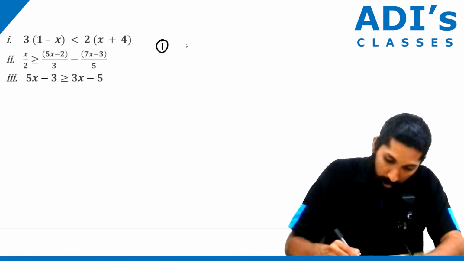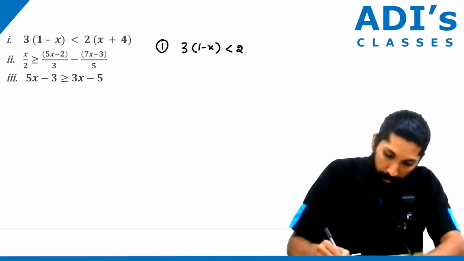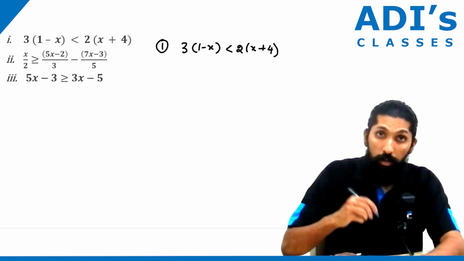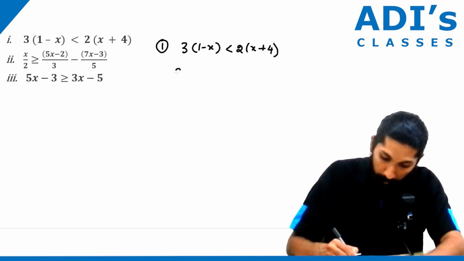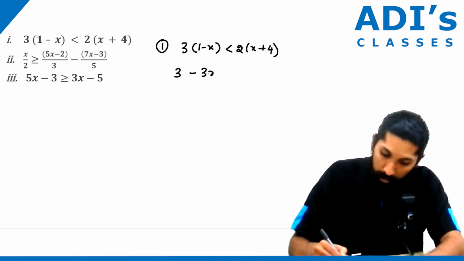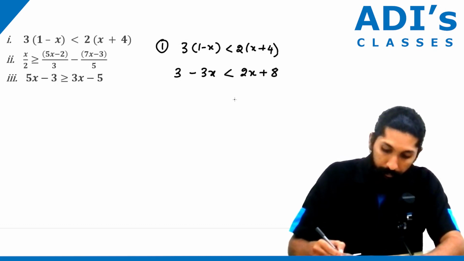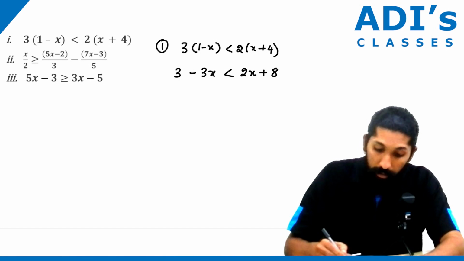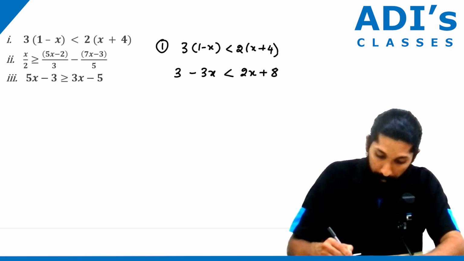The question is 3 into 1 minus x is less than 2 into x plus 4. Normal solving: 3 minus 3x is less than 2x plus 8. Now transpose, so 3 goes to the other side, 2x comes to this side.